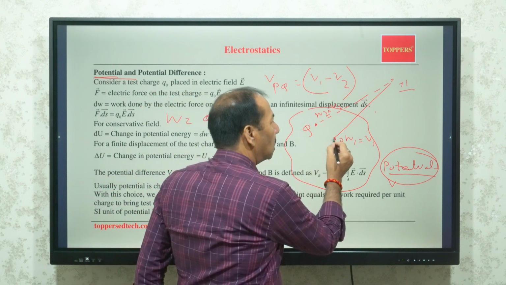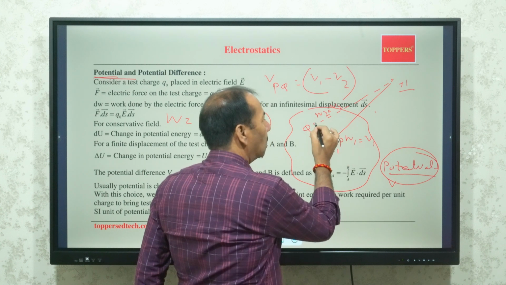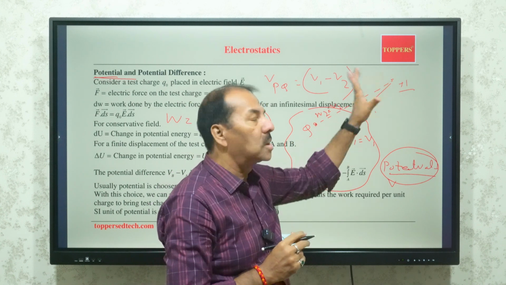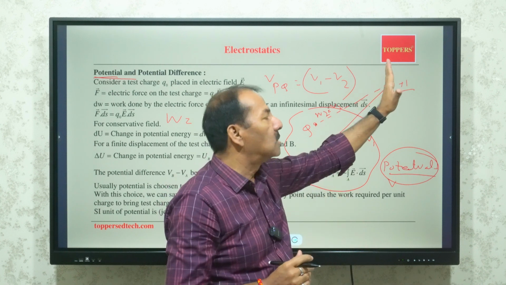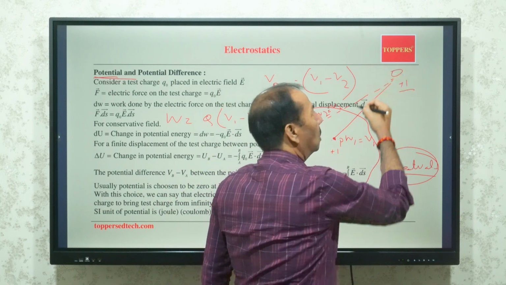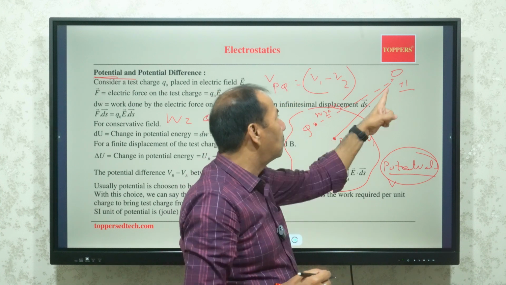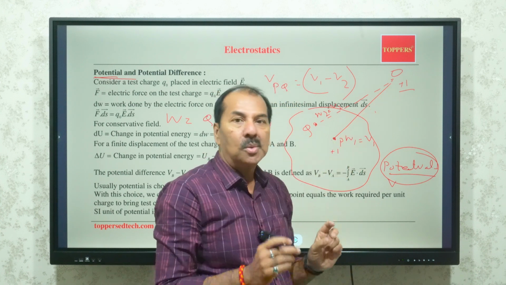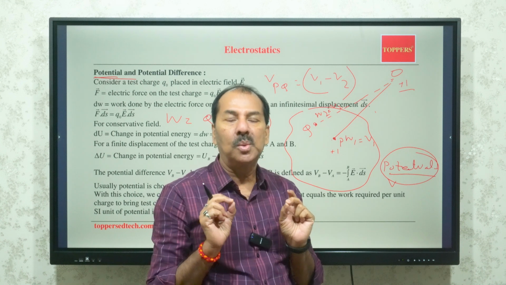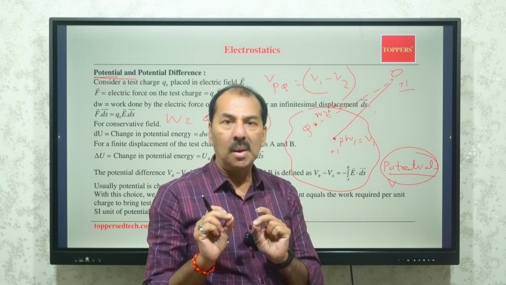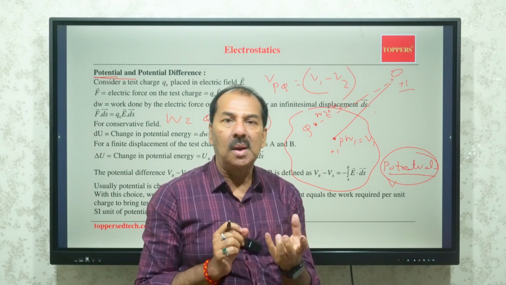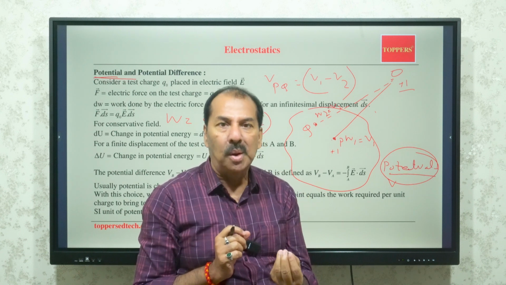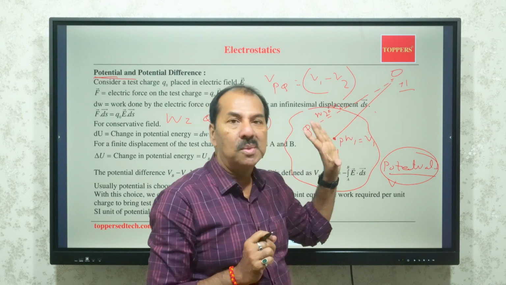Here this is finitely located at this point, and this was located at infinity or a very, very large distance. So potential here is 0, and with respect to this point it is V1. That potential with respect to the origin at infinity we call potential, taken as an absolute quantity, because it is compared with respect to 0.